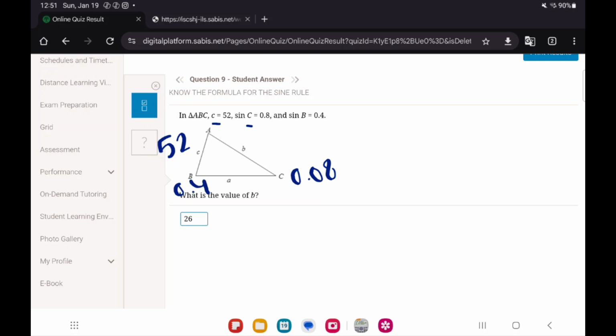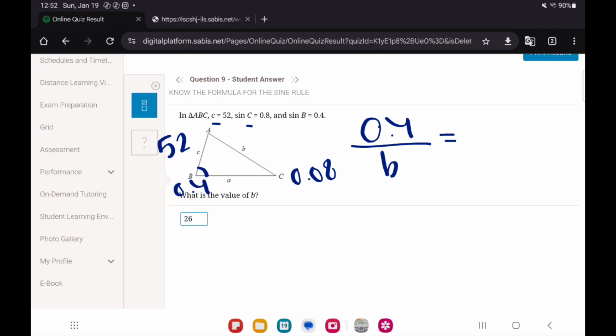Now we're going to find b, the side opposite it. So sine of angle B, which is 0.4, over small b equals, since we can't have any more missing, the only other two values we have, big C and small c.